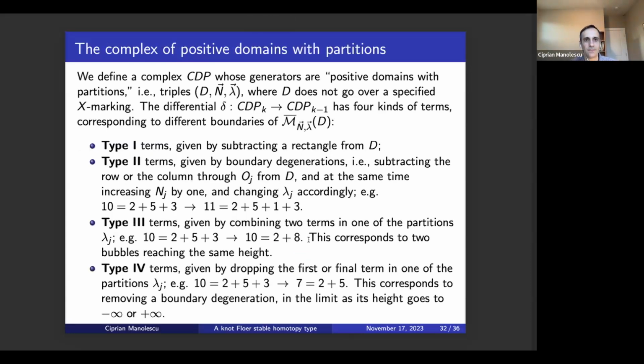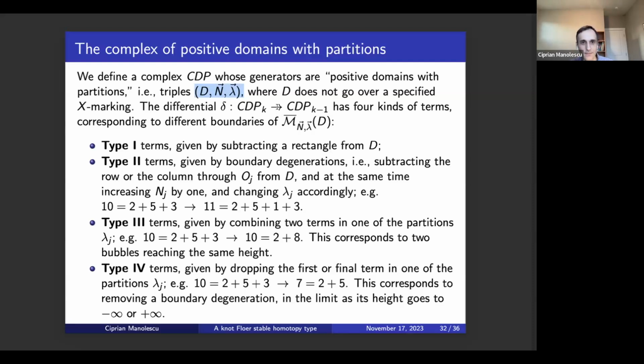Okay, so great. So we're defining a complex. I'm not going to go through the whole definition. Sorry, this is a busy page. But this is a chain complex whose generators are positive domains with partitions. So it's the data that gives us the indices of our moduli spaces. And the differential corresponds to how the moduli spaces get split into boundaries, the possible degenerations.